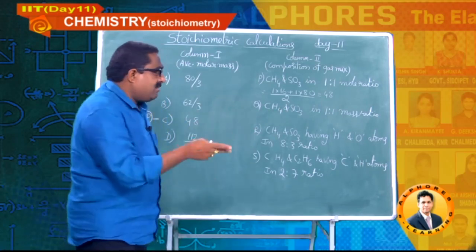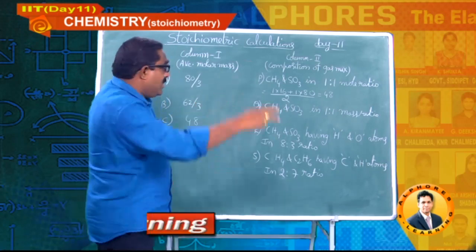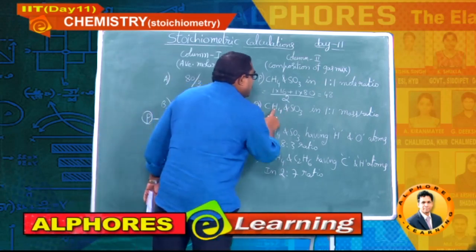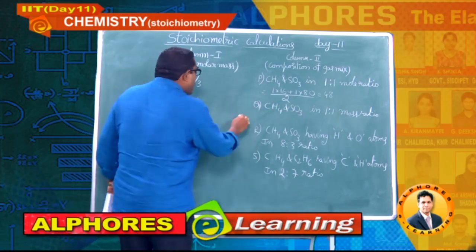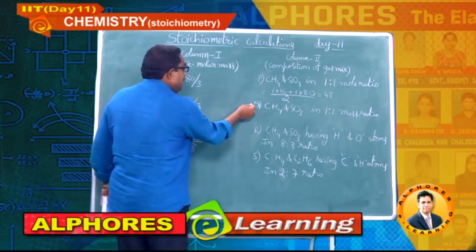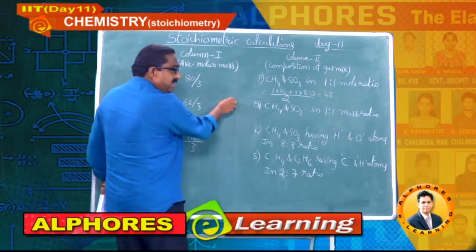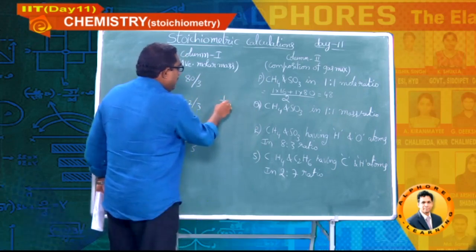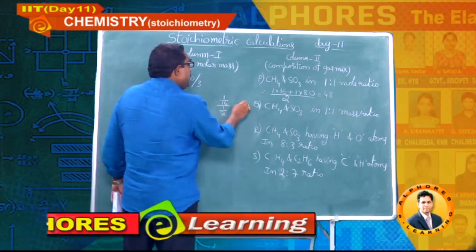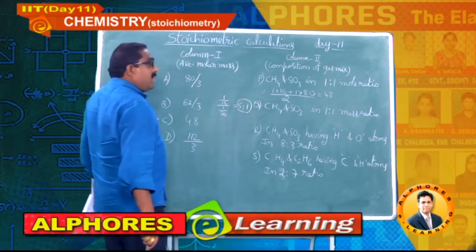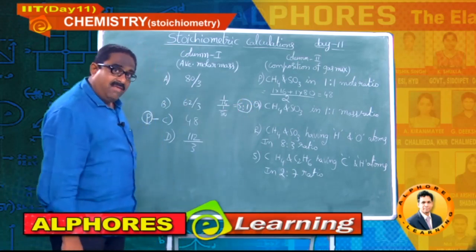Let me convert mass ratio into moles ratio because we have molar masses 16, 80. Just now we have utilized. So, moles ratio I am calculating. Please concentrate students. 1 by 16 divided by 1 by 80. 80 will go to numerator. So, it becomes 5:1. So, molar ratio now is 5:1.